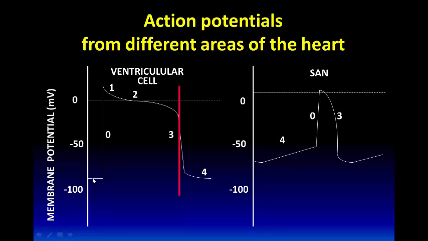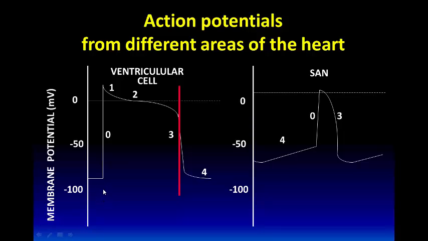The cell was resting, in relaxation, in diastole, and the voltage across the membrane of the myocyte was negative 90 millivolts. This resting membrane potential remains stable until a stimulus is reached here. This stimulus is a cardiac impulse, in fact an action potential from the sinoatrial node.